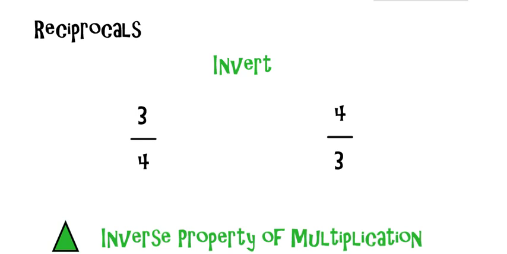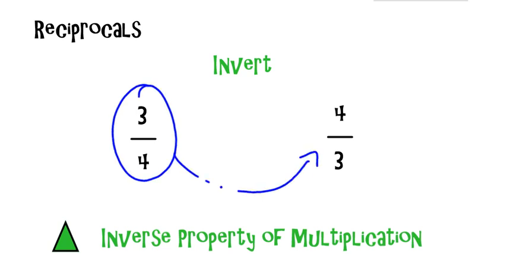But basically what we see, if I want to know the reciprocal of a number, visually what we're doing is we're flipping it, right? This fraction, the reciprocal, is flipped and it becomes this, right? The numerator becomes the denominator and the denominator becomes the numerator.